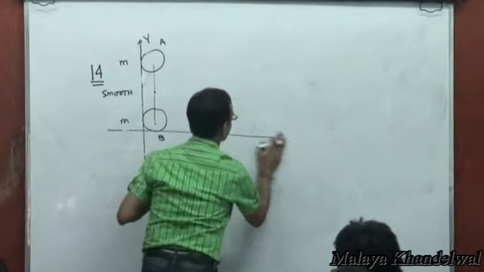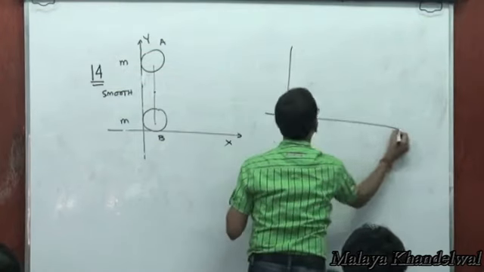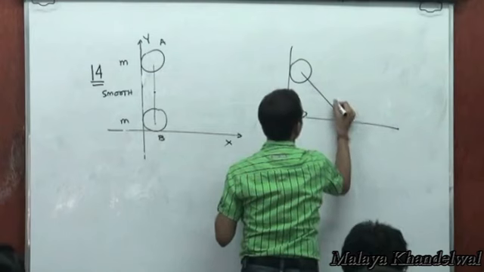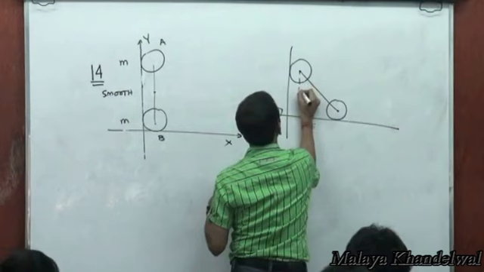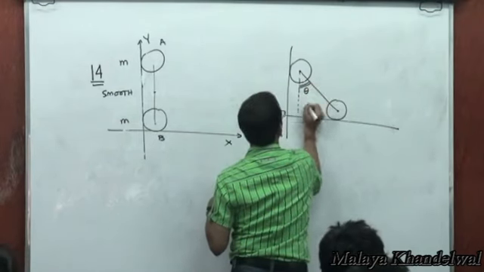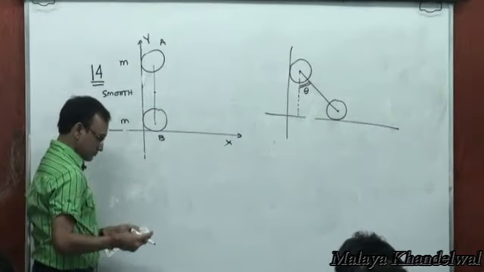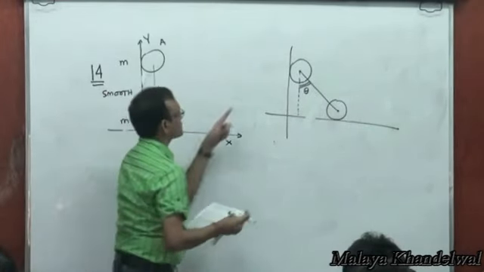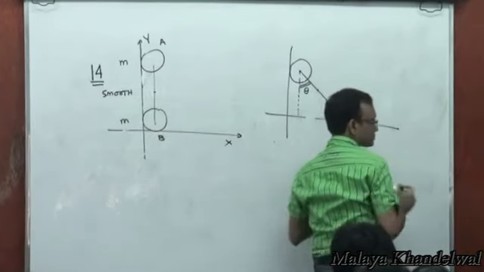After a while, this one descends and this one moves to the right. Find the velocity of the midpoint of the rod when theta is 60 degrees. For a certain theta, you want to find the velocity of the midpoint of the rod.